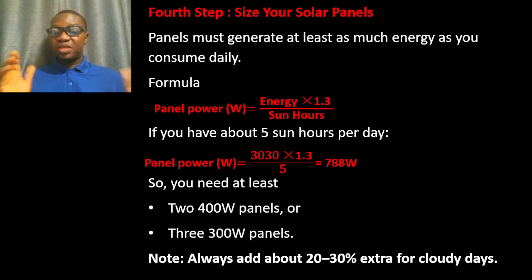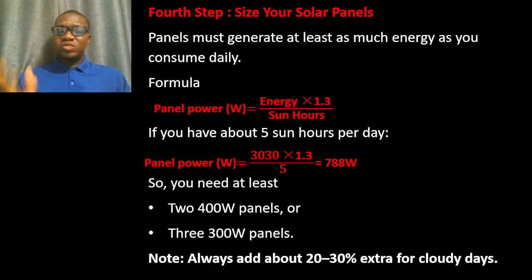And if you are knowledgeable in solar, you will know that yes, you have to add extra. Take caution for cloudy days. You have to add extra, though sometimes it depends on the customer's finance. Sometimes you don't add, but when the finance is there, you put all these things into consideration.